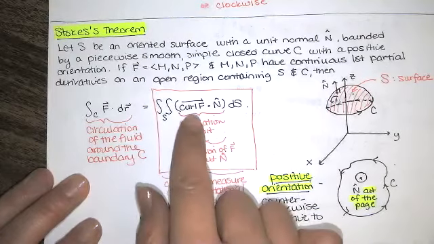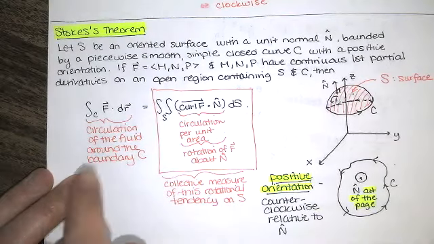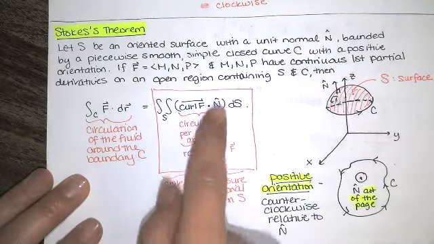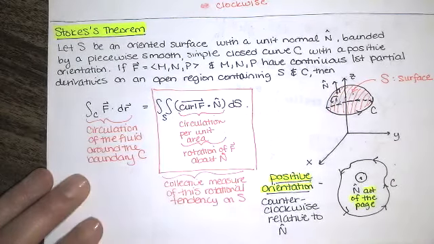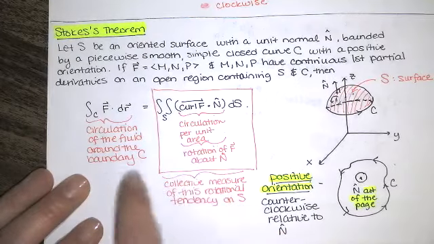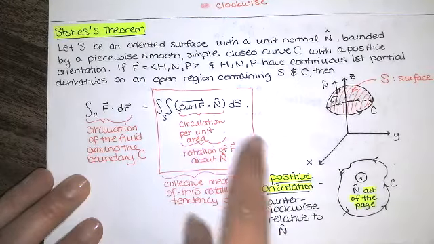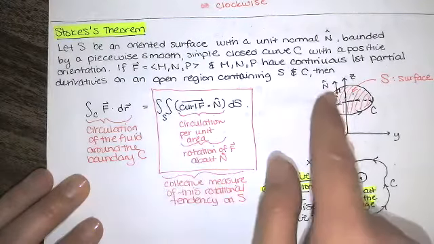Now remember what the curl is. It's a measure of that tendency of the field to rotate about a point. We see now that we're taking that tendency to rotate about a point and multiplying it by area, and we're getting circulation in an additive sense. So what this is giving us really is a circulation per unit area. Sometimes we call this the rotation of F about that unit normal.